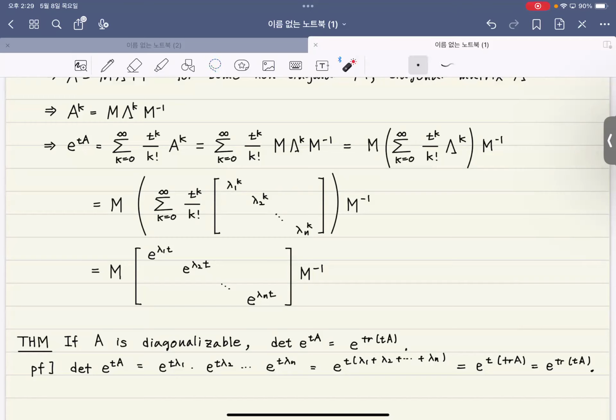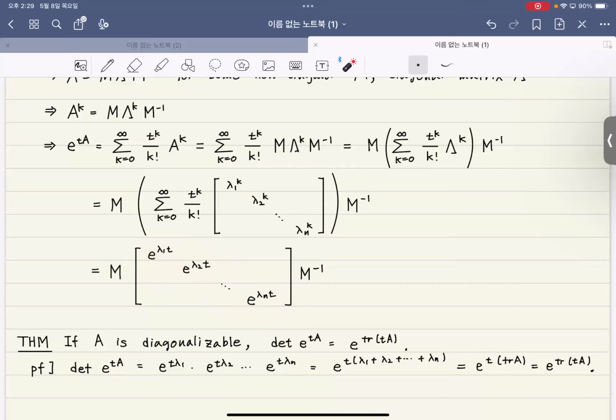Okay, why? Because this is the matrix exponential, and the determinant is unchanged under similarity transformation, right? So the determinant of this guy is the same as the determinant of this diagonal matrix, right? And the determinant of a diagonal matrix is nothing but the product of these diagonal entries, right?